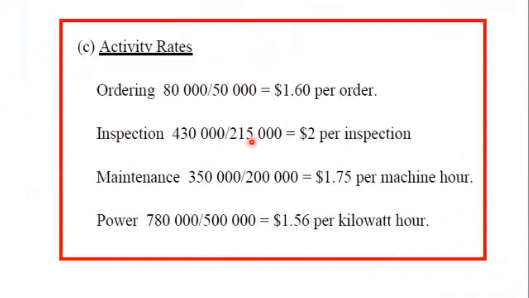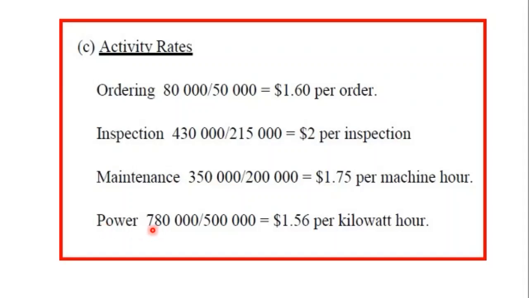Right, so ordering costs would be 80,000 divided by 50,000 equal $150 per order. Inspection 430,000 divided by 215,000 equal $2 per inspection. Maintenance 350,000 divided by 200,000 equals $1.75 per machine hour.